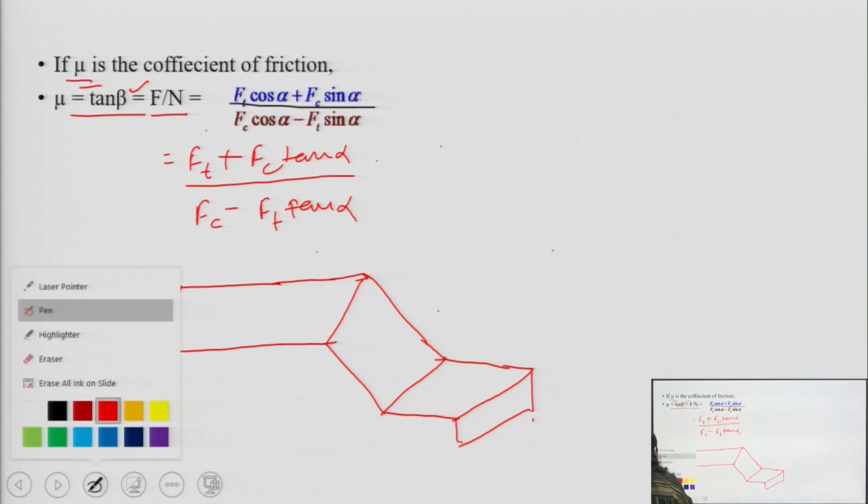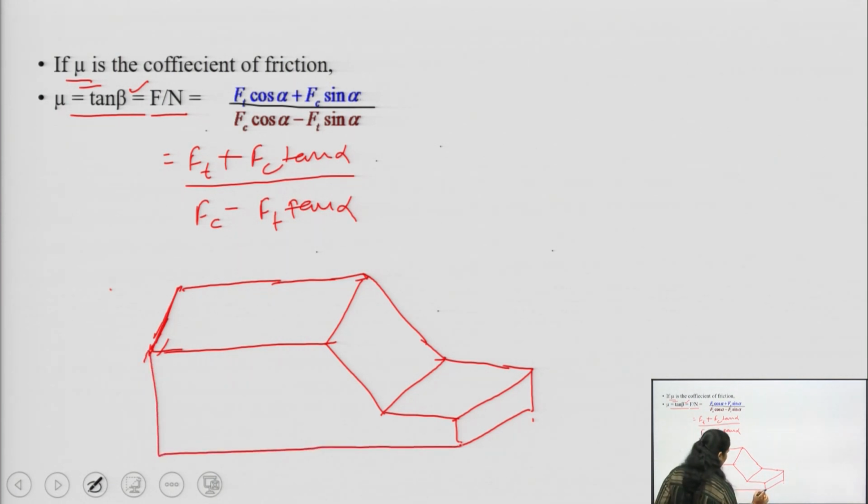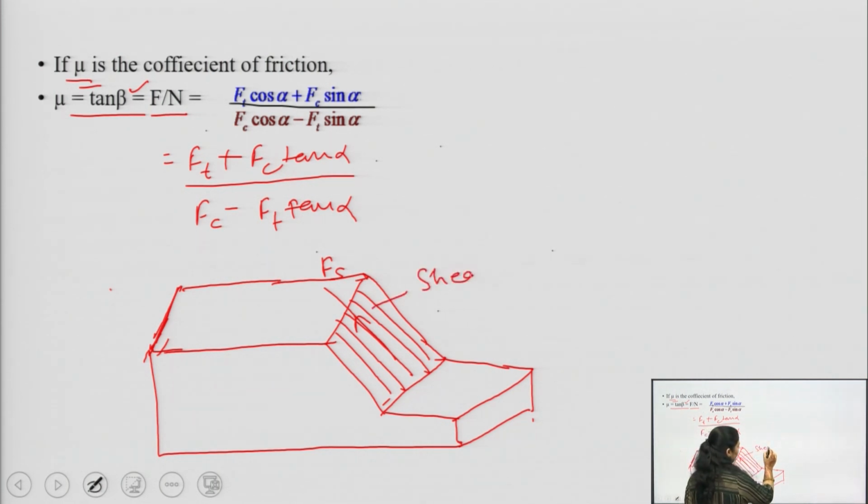Okay, we can write it like this. Okay, this is basically our workpiece, and here the tool is acting. Here the tool is acting, and we see that this is the plane along which the shearing action is taking place. So, we can say this is our shear plane. So, force Fs is acting at this plane, and this one is our shear area.